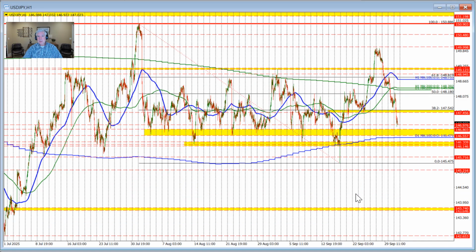Let's take a look at the dollar versus yen, and we've seen this currency pair continue its move to the downside with the yields moving a little bit lower. Also, hopes maybe the Bank of Japan would look to raise rates a little sooner. What the level that was key to me coming into the new trading day was this level right through here, where we had these swing highs right here.